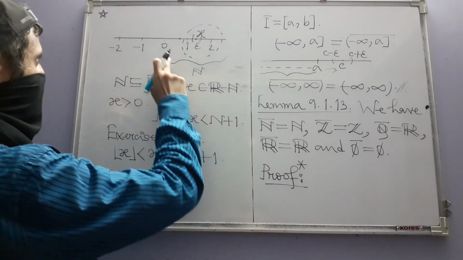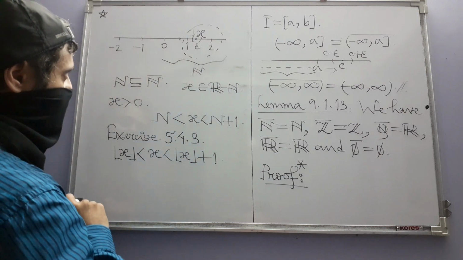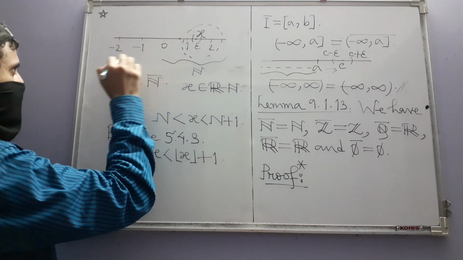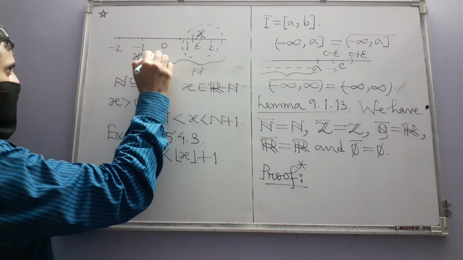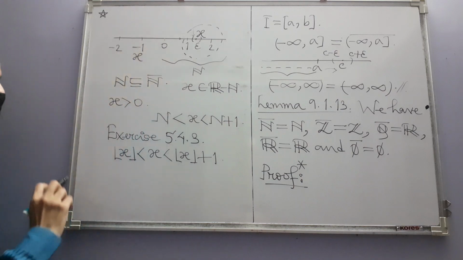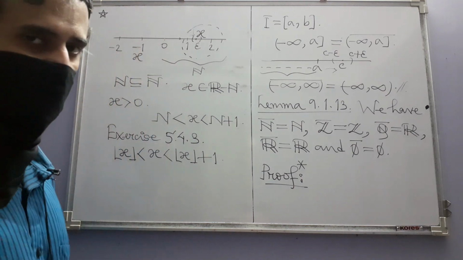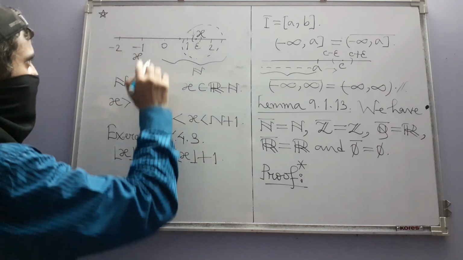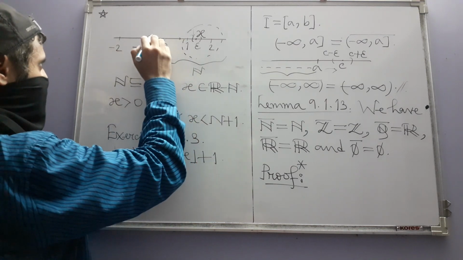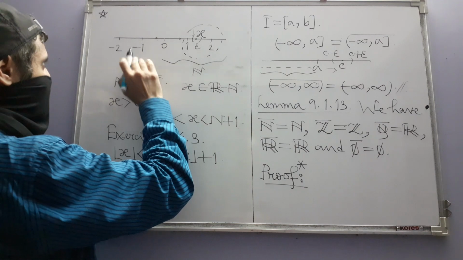But if your x lies to the left, fine. There also, if x now lies to the left of 0, there is a possibility that x may become a negative integer. No problem. Whatever x is, since x lies to the left of 0, your x may lie here.